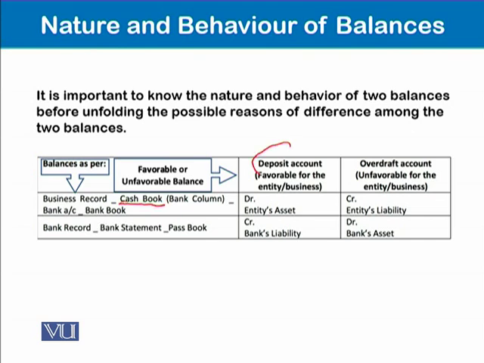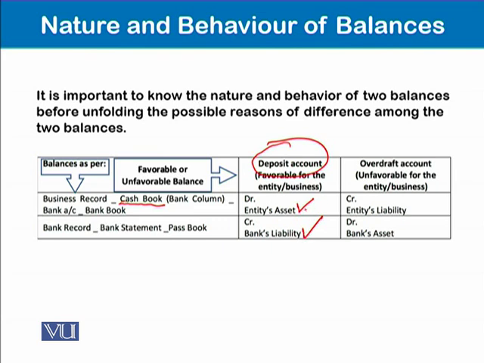When there is a deposit with the bank, means you have balance kept in the bank, it is your asset. If it is your asset, it means that the bank is obliged to pay on your demand this much balance.